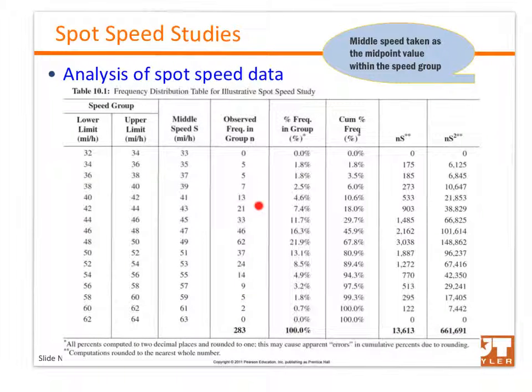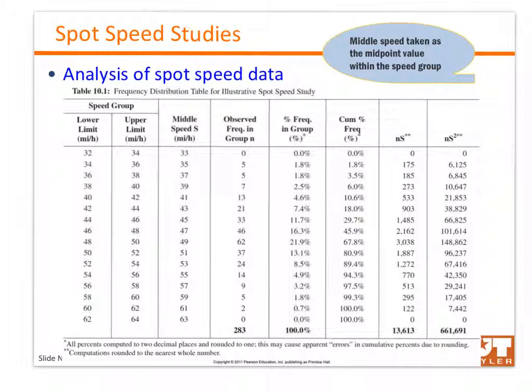So what you need to do again is sum up all the numbers to get the total number of observed cars, and then you need to start your calculation. All you have to get from the field is how many cars at certain speeds, and then you need to get this column here, which is the percentage frequency in group.